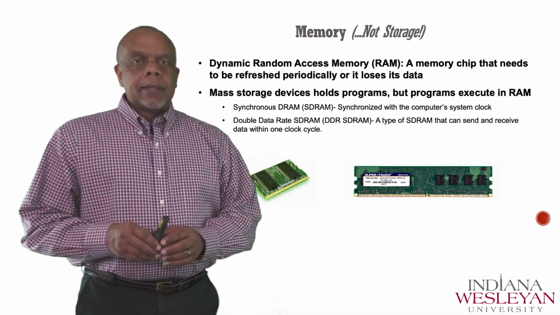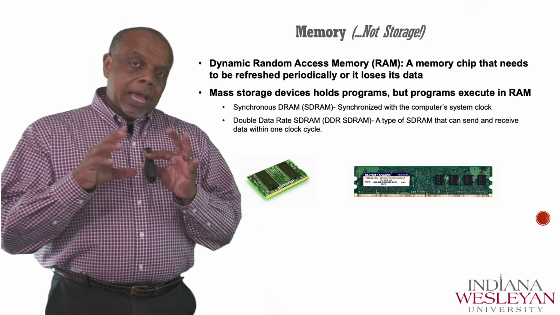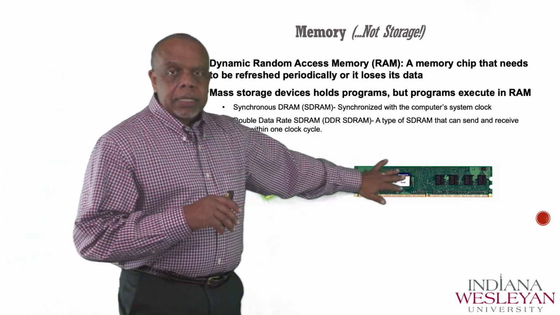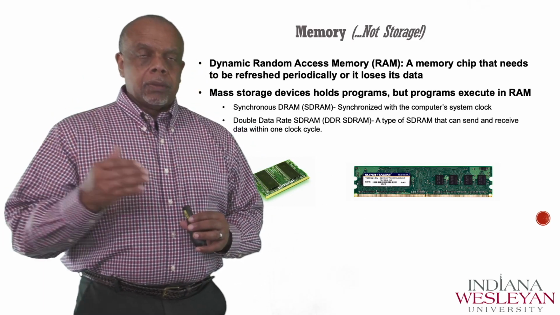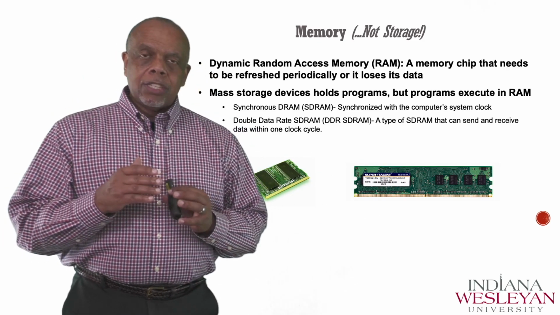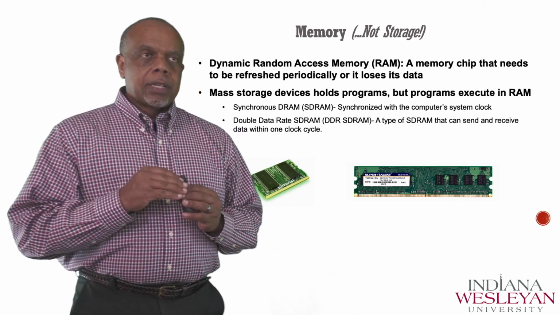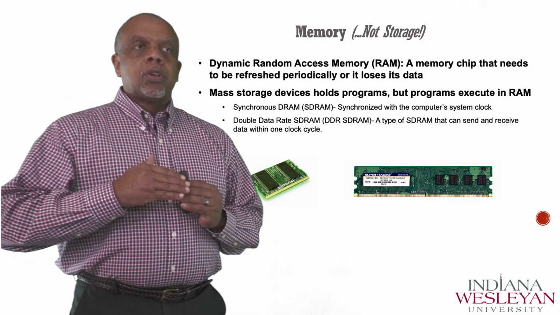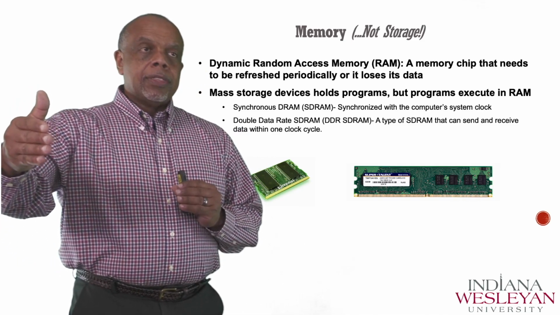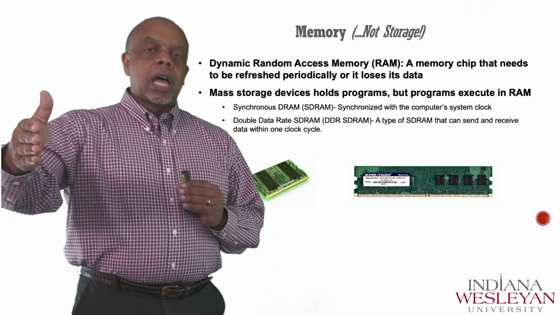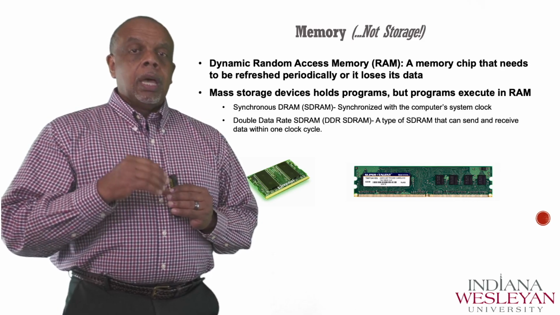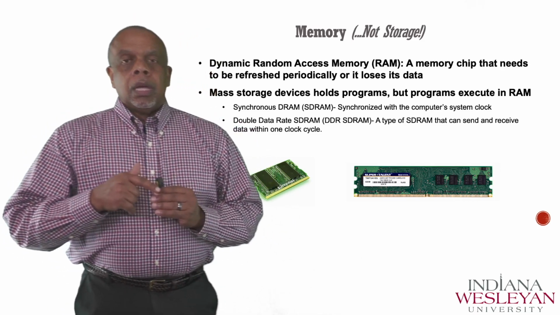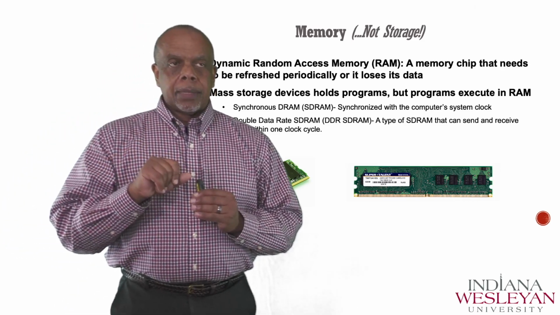When you look at how data is written into this memory, with SDRAM it takes one clock cycle to write something into memory, and then another clock cycle to bring something out of memory. So that's 2 clock cycles of that CPU to write in and to take something out.